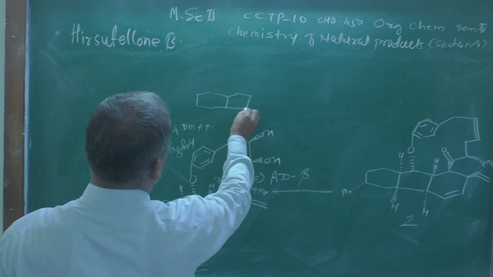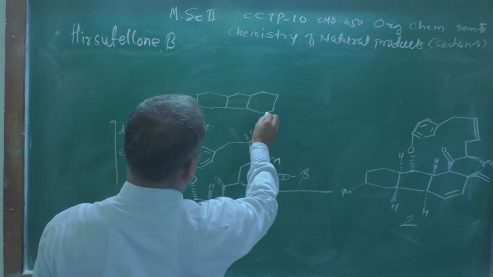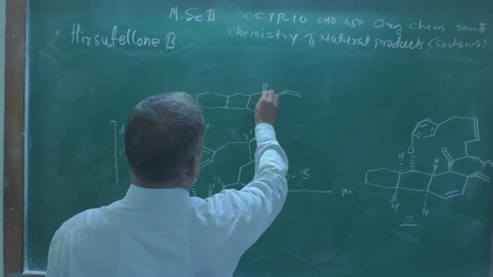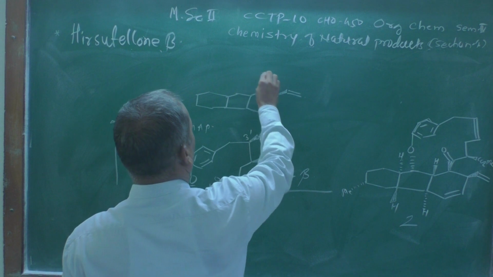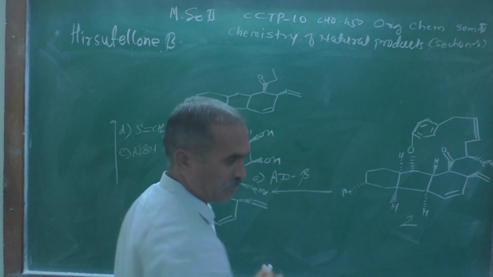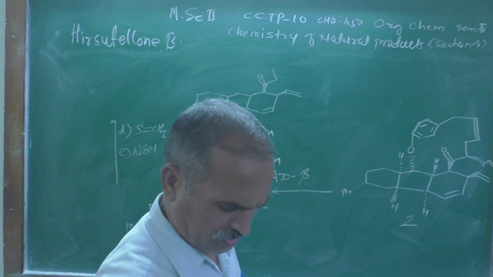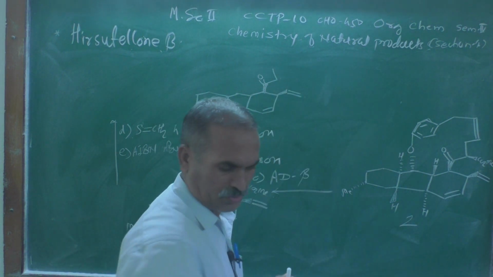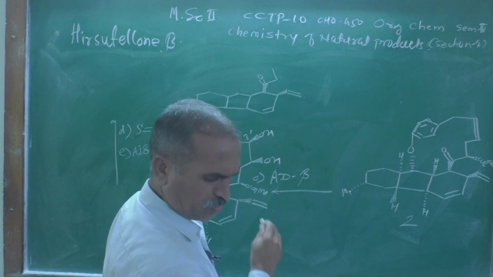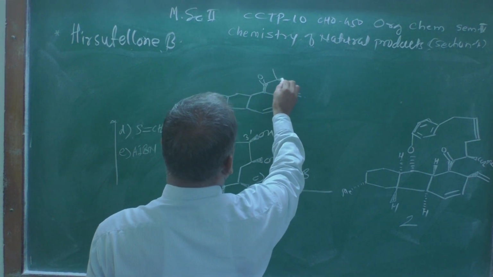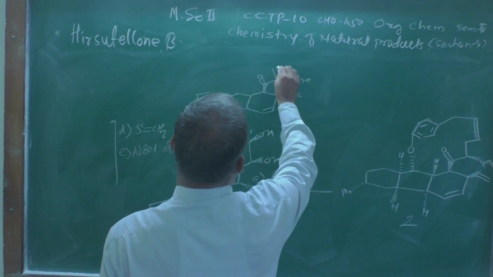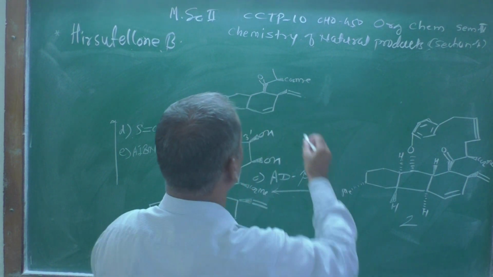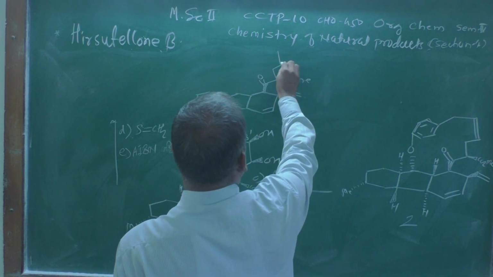The middle one is a 5-membered ring and this one is a 6-membered ring. This is the structure I am representing here: C double bond O, then CH2, then CH2 over here, CO2Me, and another CO2Me.